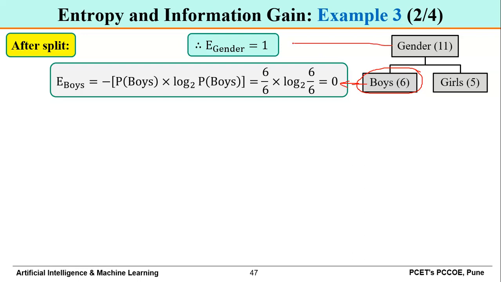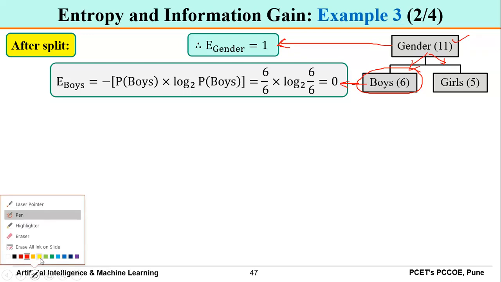However, in the previous case, why did we get 1? Because the gender count is 11, but it has two sub parameters, boys and girls, so that's why we got a mixed entropy of 1.